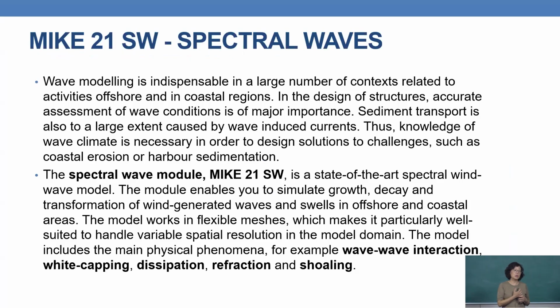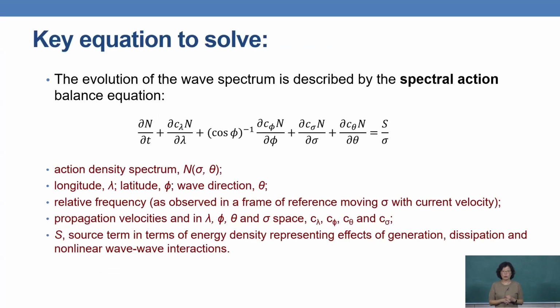Remember, we introduced the spectrum analysis, and you are able to see the distribution of the waves, for any waves. When you are using the spectral wave model, basically the core part of it is this equation. It's the energy, right? Everything is based on the energy.